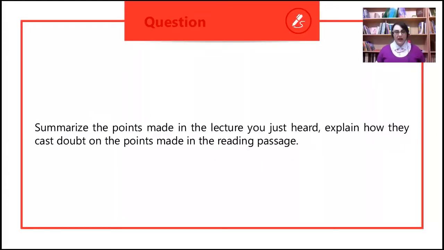Now, while writing your essay, what you have to concentrate on is that, for example, you must say the reading passage mentions the economic benefits of the genetically modified trees. However, the listening or the lecture cuts down on this by saying that they are much more expensive as they have some hidden costs.